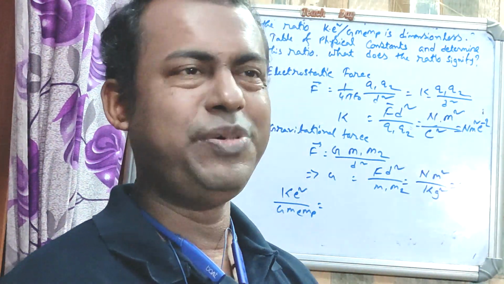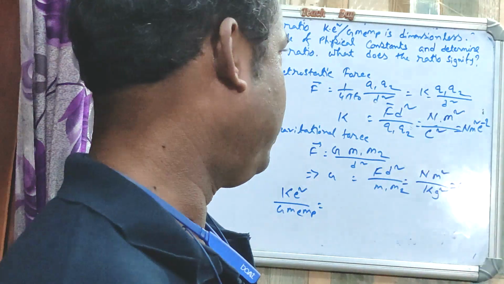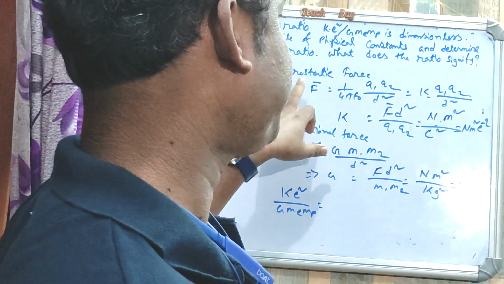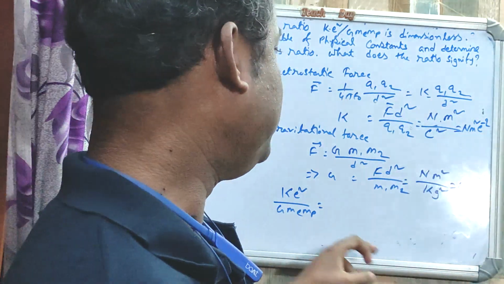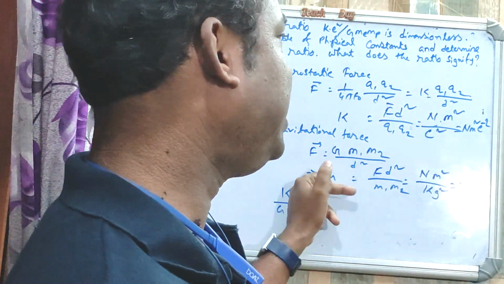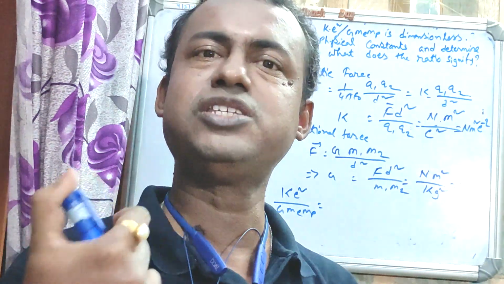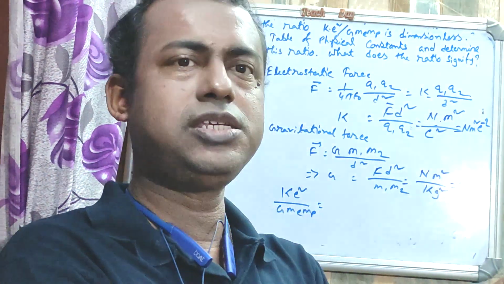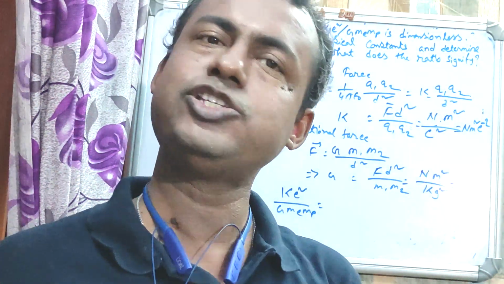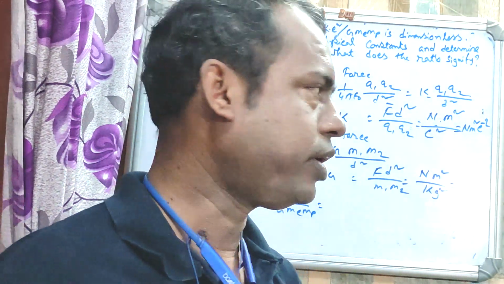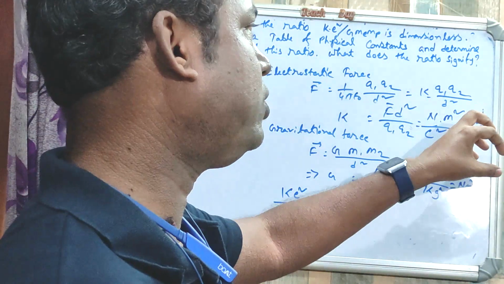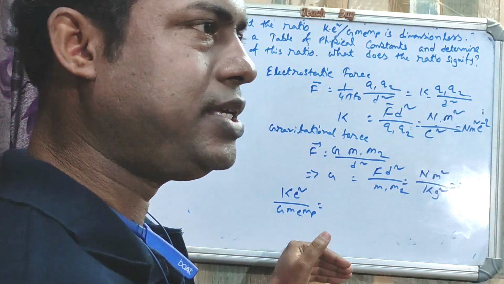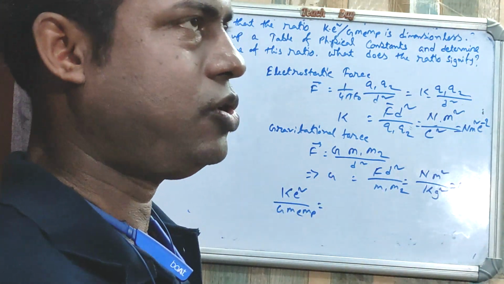Why is this? Because for any quantity, F force, G and K, we find out the unit of it. If I find out the ratio of the units and the value becomes 0, then the dimension is also 0 in the same way. So that's why we find out the units. When we find out the ratio, if it is 0, then the dimension is also 0.